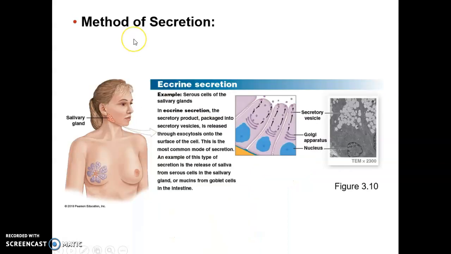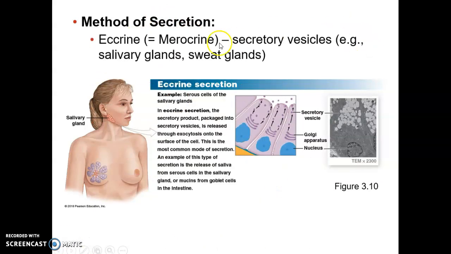All right, so let's look at other methods of secretion at the cellular level. Okay, so eccrine secretion, also called merocrine secretion. This is a type of secretion where the secretory cells, the cells that produce the secretions, release the secretions via secretory vesicles.